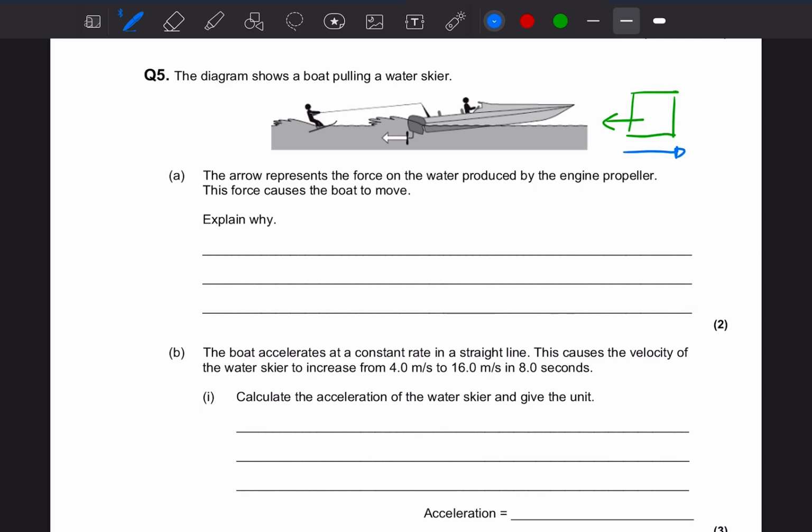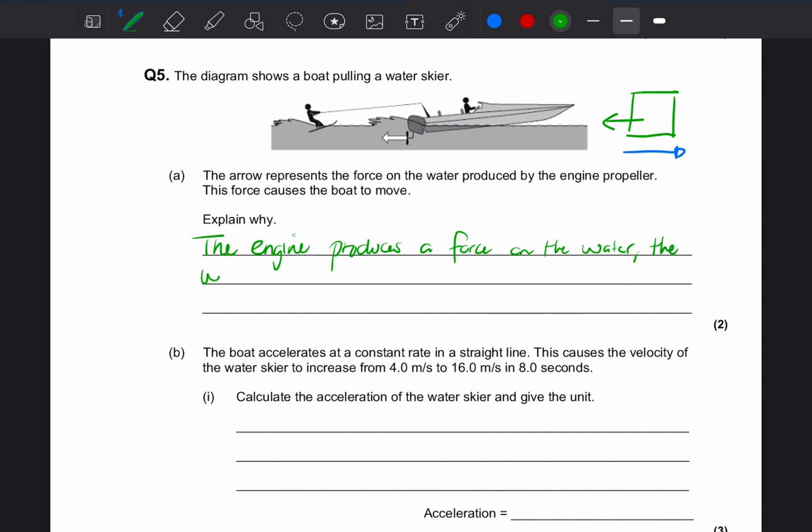So if we think about the forces involved, we can say the engine produces a force on the water. And remember, Newton's third law, for every action, there's an equal and opposite reaction. So the engine produces a force on the water.